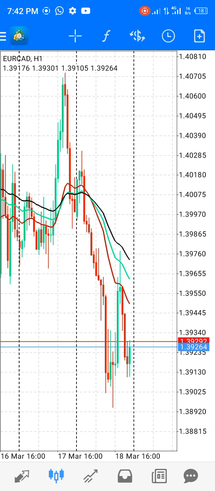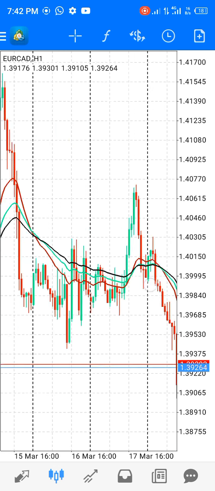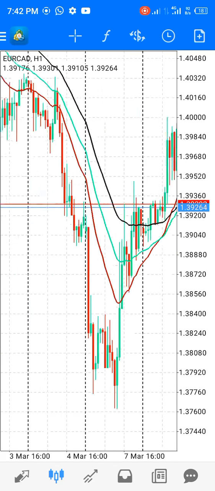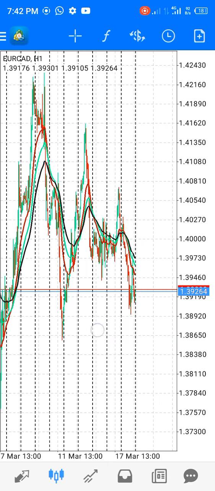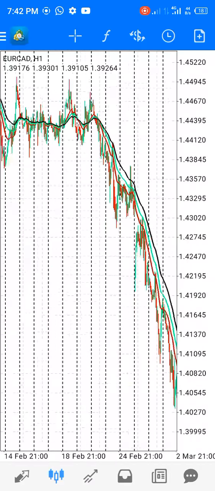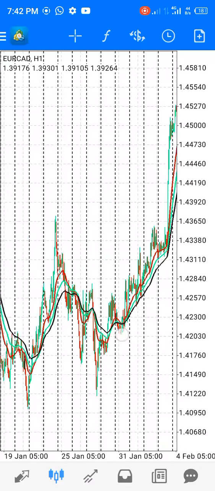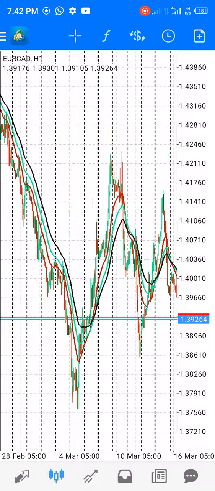So you have your moving averages now. Okay, what we do is, let me shrink it. You can see the structure of the market. We've been on a downtrend for some time.